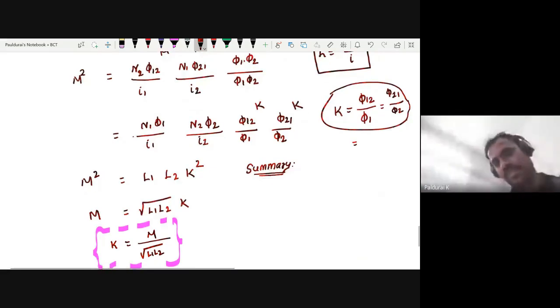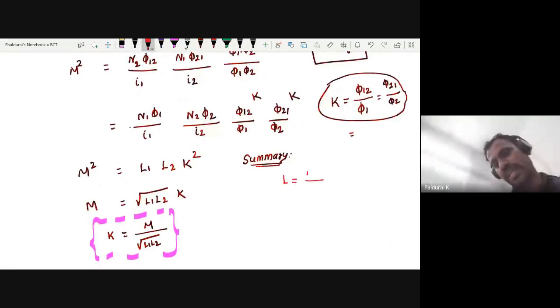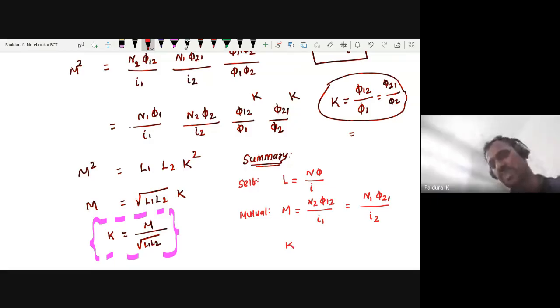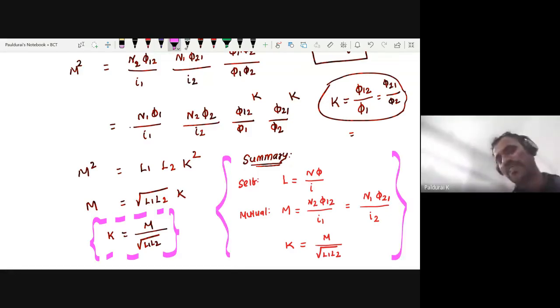So anyone, can you help me? What is the formula for self-inductance that you know? N times phi divided by I. From this, it is easy to write the formula for M. If it is I1, then this is N2, phi 2 1. Or otherwise, if it is I2, then this time it is N1, phi 1 2. So this is my self-inductance and this is my mutual inductance. And finally, we derived the relation between self and mutual inductance. I have told you one thing, remember kadalai mittai: K equal to M divided by square root of L1 L2. That is all you have studied, nothing much. With the help of these formulas, we will solve the problems.